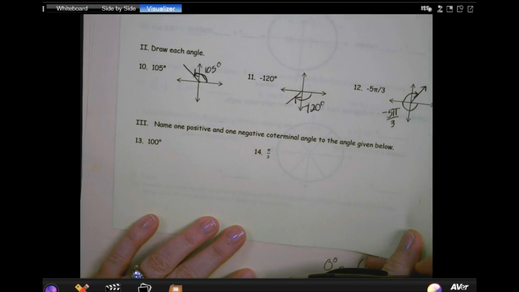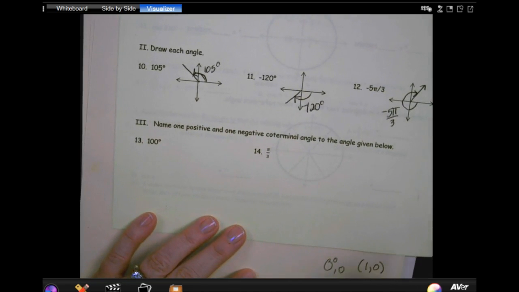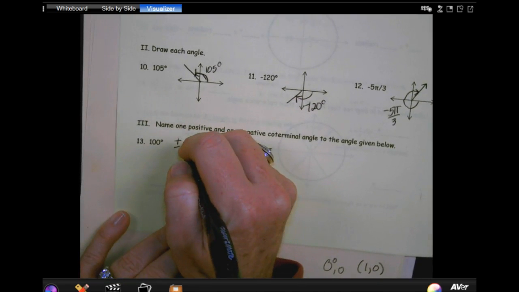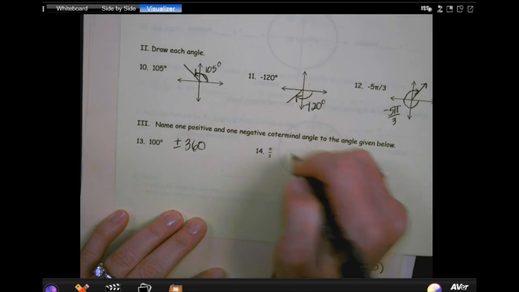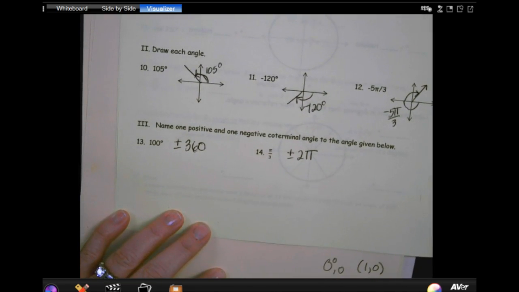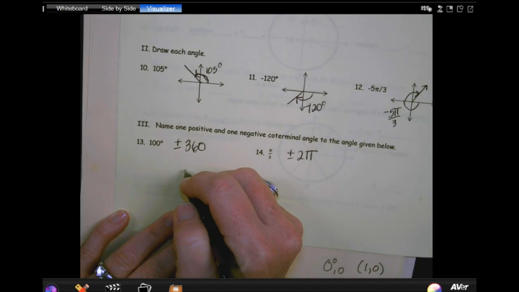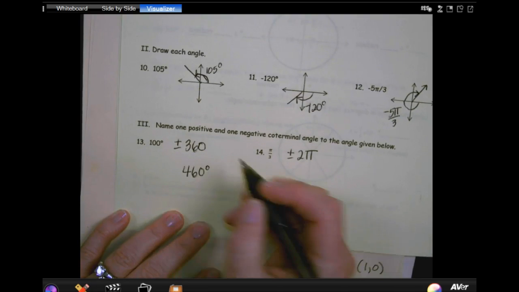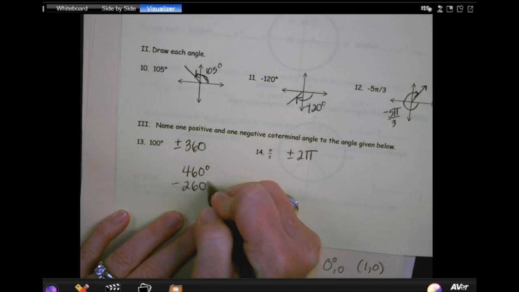For the third, name one positive and one negative coterminal angle. So this is plus or minus 360, and this is plus or minus 2 pi. So 100 plus 360 is 460, and 100 minus 360 is negative 260.